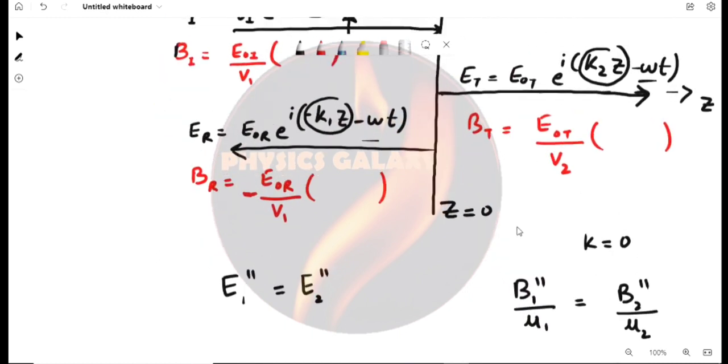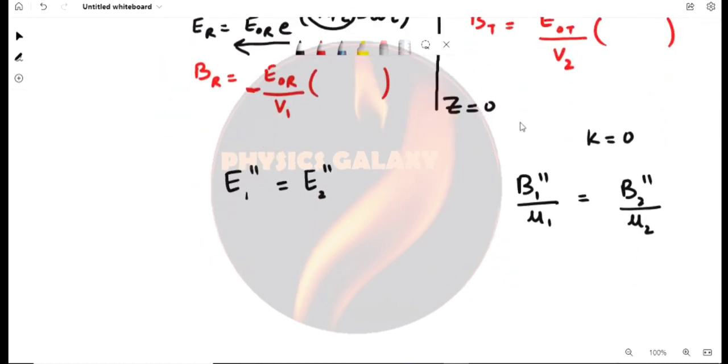So now we only have to write down the amplitudes. E1 parallel means the electric field in the dielectric medium, because there are two parts, the incident and the reflected one. So I will write E naught incident plus E naught reflected.